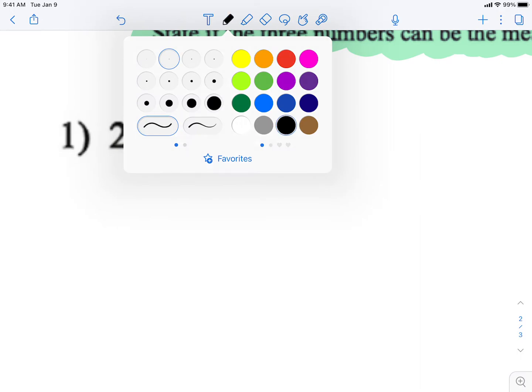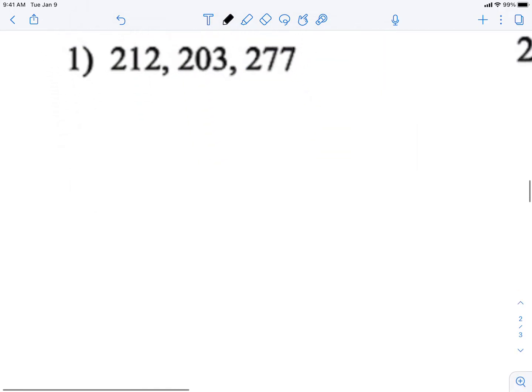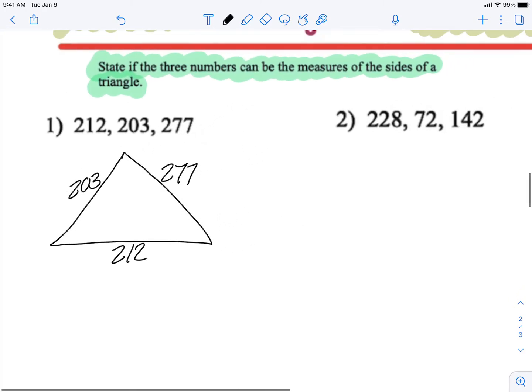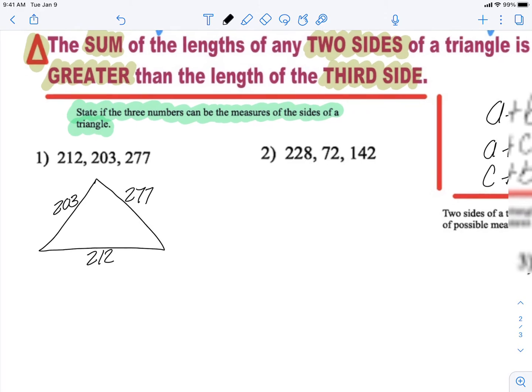The first thing I'm going to do is draw a triangle, just like that. So we're going to test this, and we're going to say 203, 212, and 277. We're going to test to see if this indeed works.